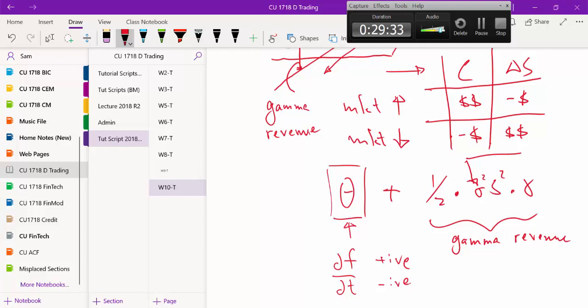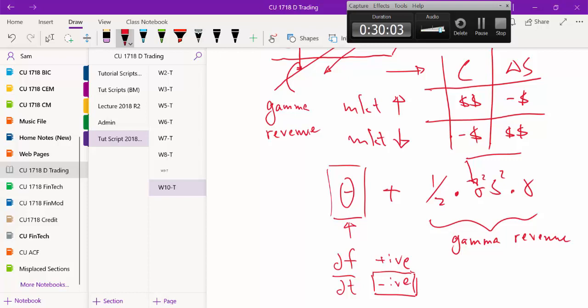It is always a negative number. Okay, at least for plain vanilla derivatives. There are some derivatives where an option can increase in value when the time becomes shorter and shorter. But that's a special category. Most of the time, the theta is a negative.